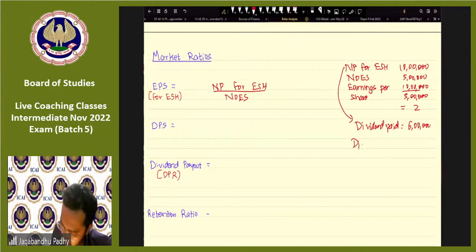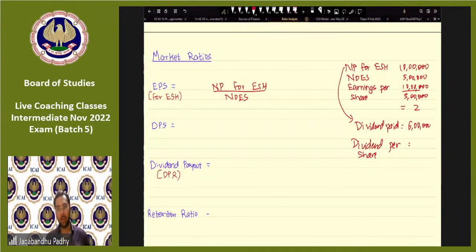Can you tell me what is the dividend paid by the company on per share basis? How much is the dividend paid by the company on per share basis?